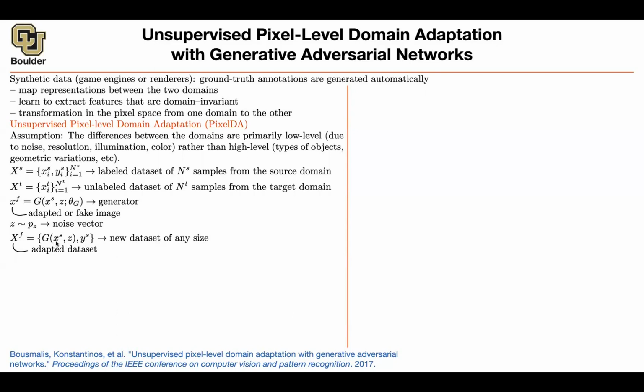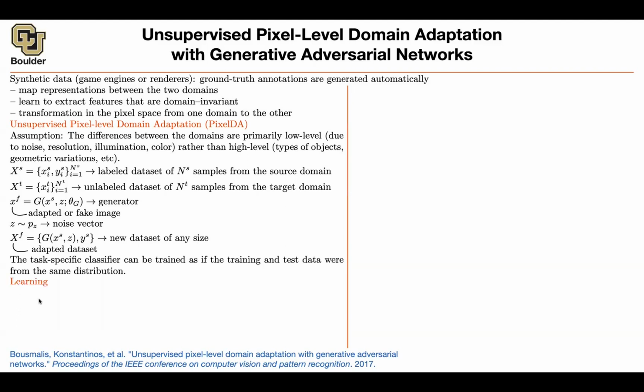This image is just warped, translated, but you know the corresponding label. And this could be your new data set that you can train your classifier on. And this is exactly this sentence. You can train a task-specific classifier as if your training and test data are coming from the same distribution. You can think of X_S as your training data. You can think of X_T as your test data. And there is a distribution shift between source and target, or training and test.